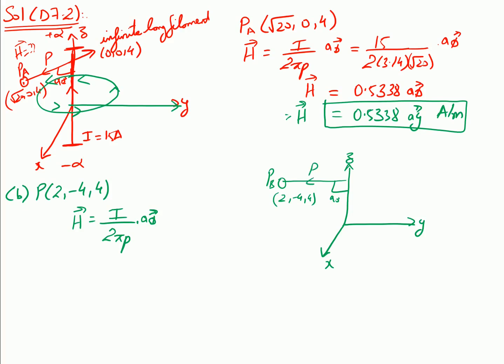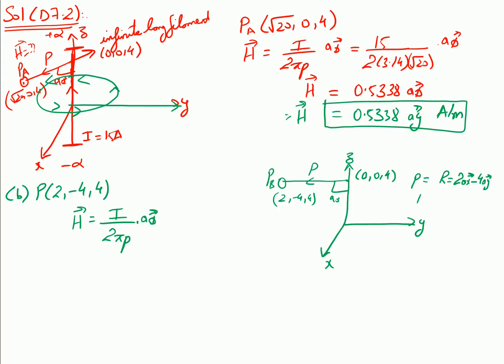The rho comes out to be the distance vector from this point to the line, at the point (0, 0, 4). So the value of rho is the vector r, which is 2a_x minus 4a_y, and the z coordinate comes out to be 0. This is the perpendicular distance from this point.